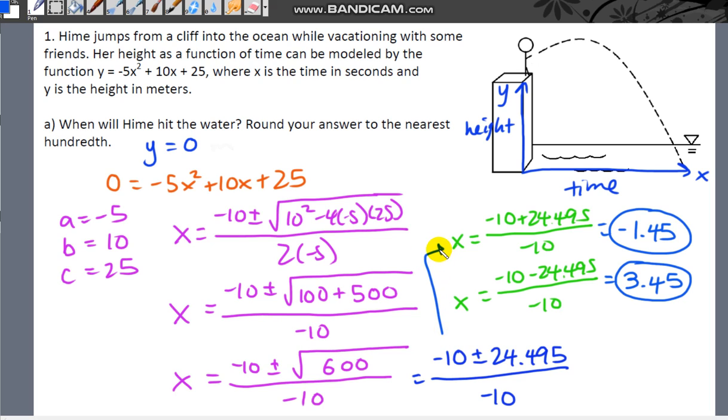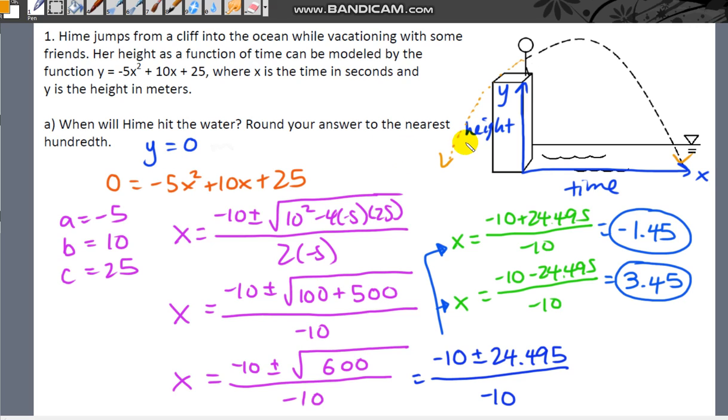So this part here is this and this. All right, so let's go ahead and analyze this parabola that we have. If the parabola were something like this, kind of like what you guys are used to on the XY axis, this means that she will hit the water at y equals 0.